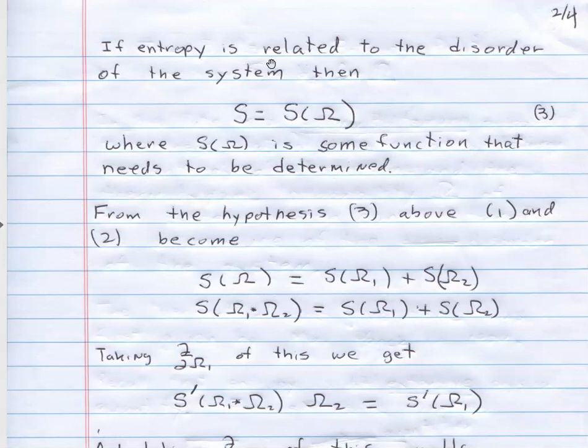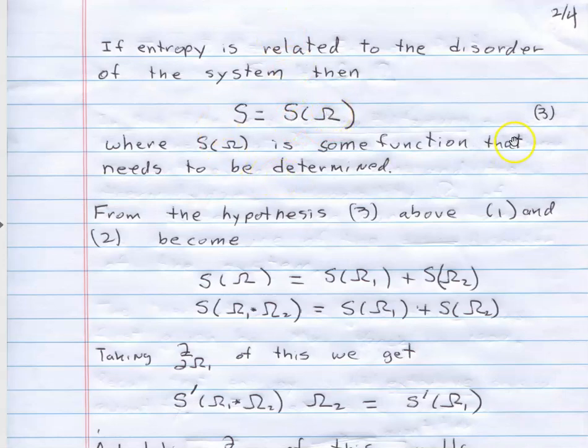So the number of accessible states and the entropy should have a function between them, and I've called that S of omega. So the entropy of the system S is equal to some function strictly of the number of ways that system can be rearranged. S of omega is some function that we need to determine, and we can determine it from those previous equations.